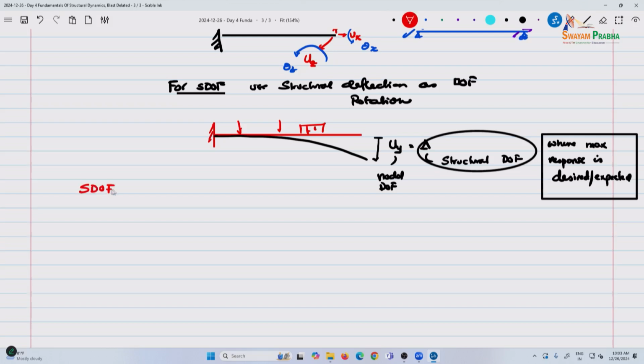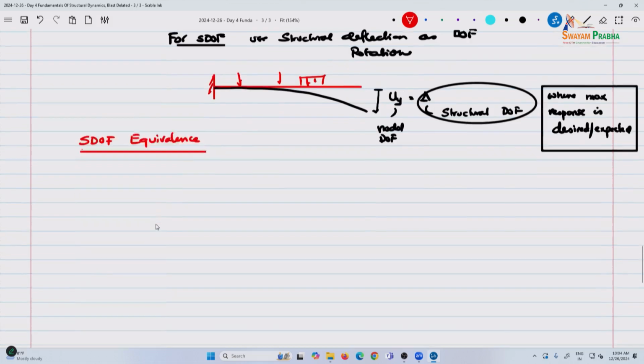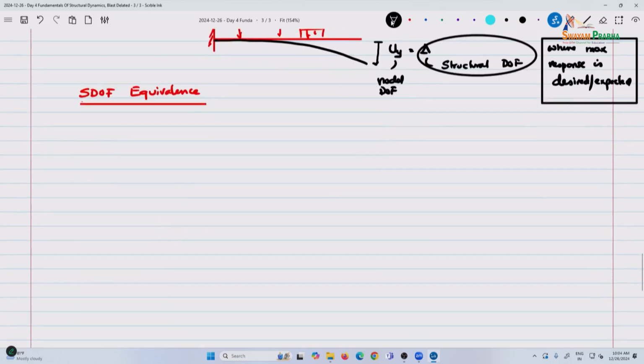Now, we'll spend a little time again on absorbing the SDOF equivalence, single degree of freedom equivalence. Starting with, I'll take a few examples and later we'll give you others.